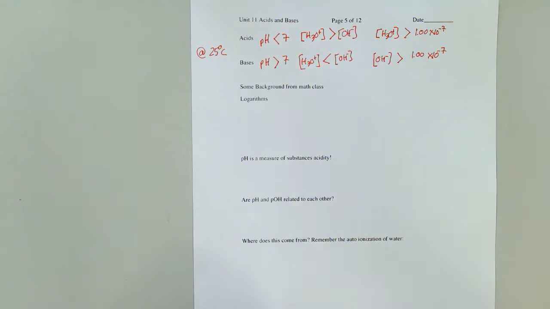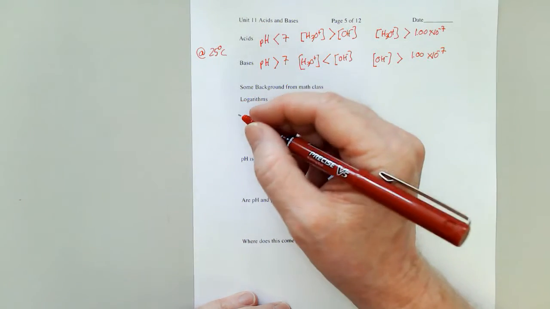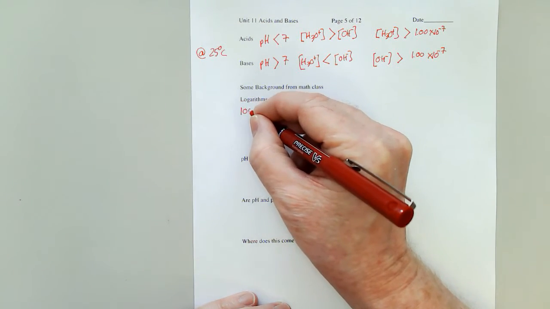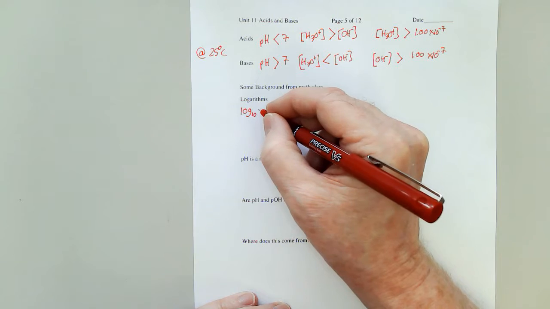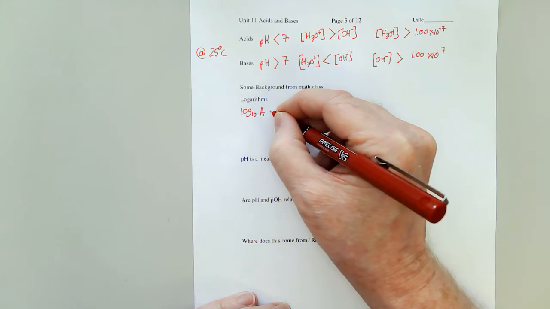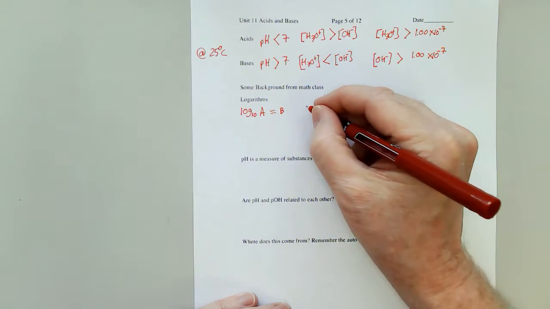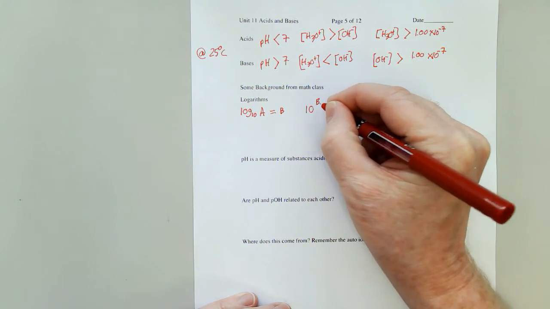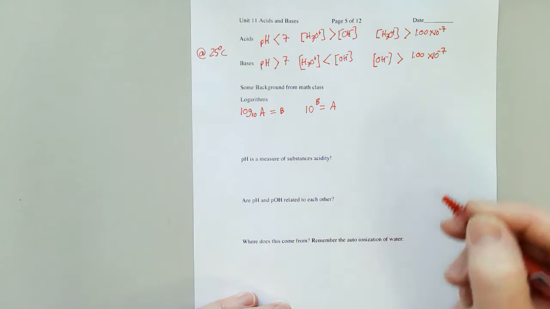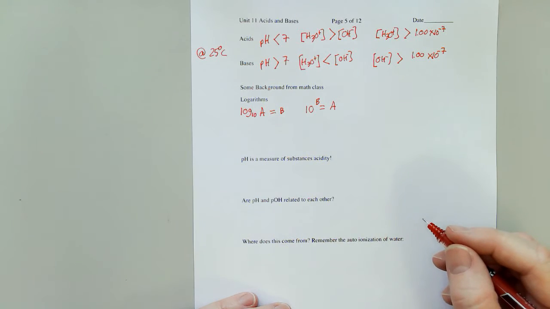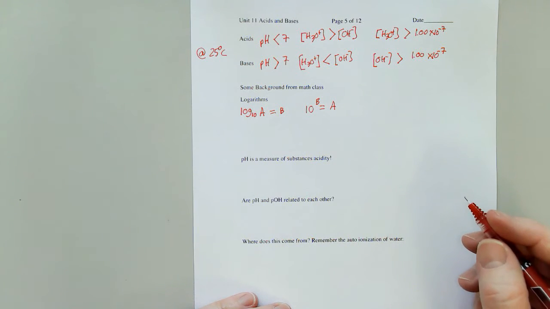Okay? Now, we're going to need to rely upon an idea from Algebra 2 called logarithms to be able to deal with these numbers. You've probably seen this before, but just as a quick little review, the log base 10 of a number A is equal to B, such that 10 to the B is equal to A. That's your basic definition of logarithms.